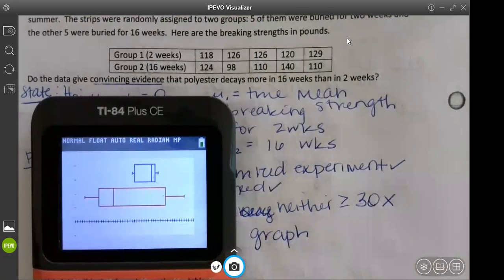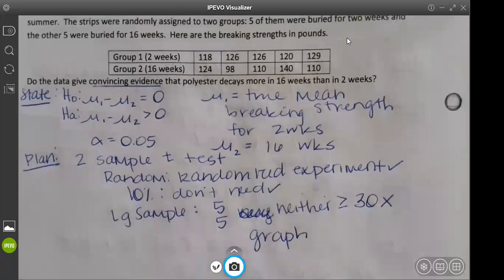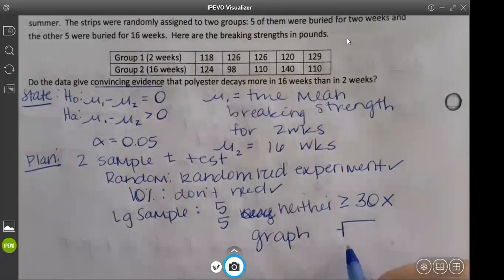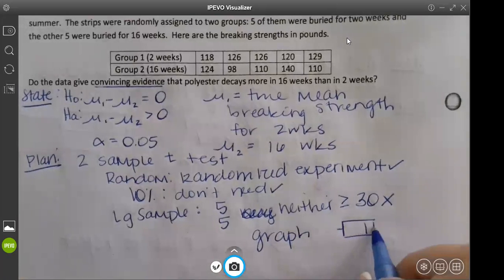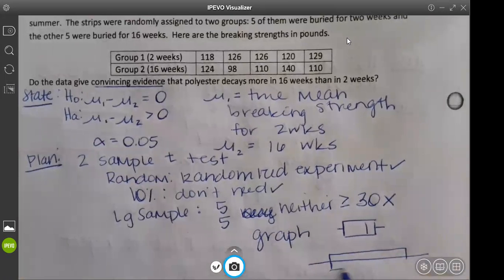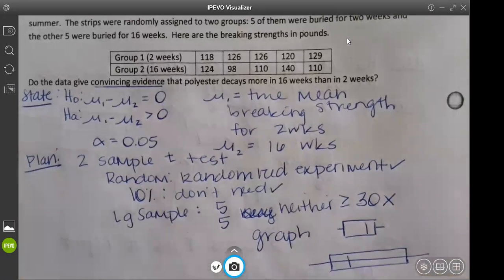Any outliers? They both look pretty normal, right? So we would graph both of those. We have like a short fat one like this. And then we have a longer one. Sorry, my line shouldn't go through the middle, but it's going to. Kind of looks like this.